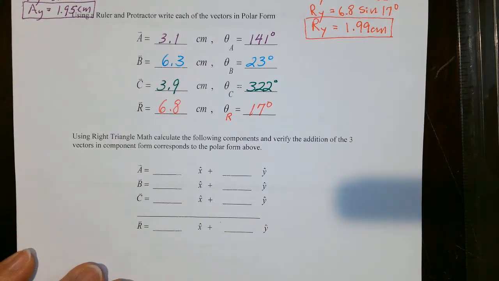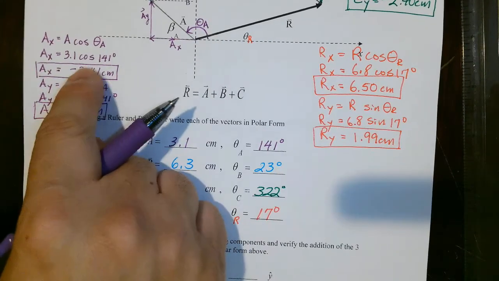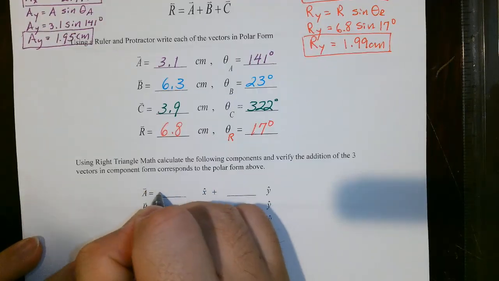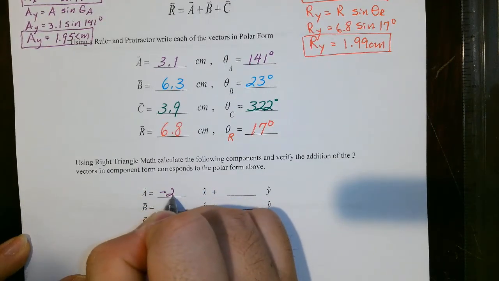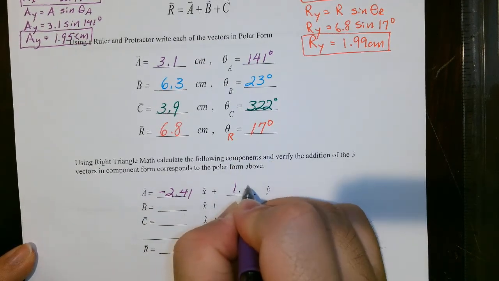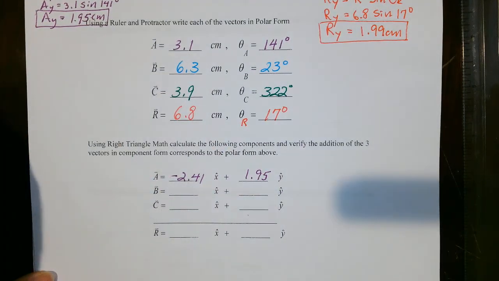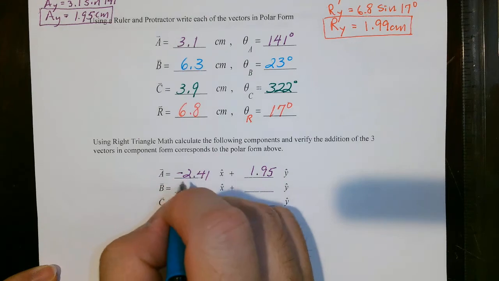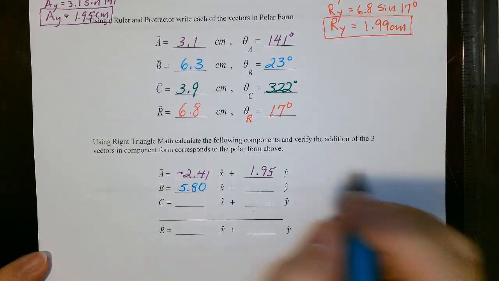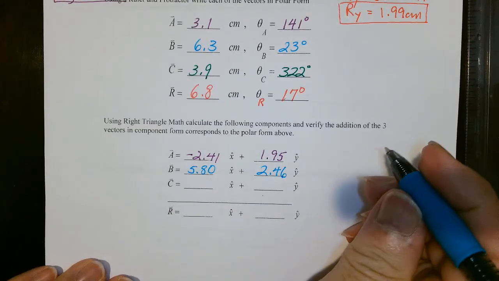So for the A vector, we have 3.1 cosine of 141 for X. So it comes out to negative 2.41 X hat and 1.95 Y hat. Then for my B vector, I have 5.80 X hat and 2.46 Y hat.